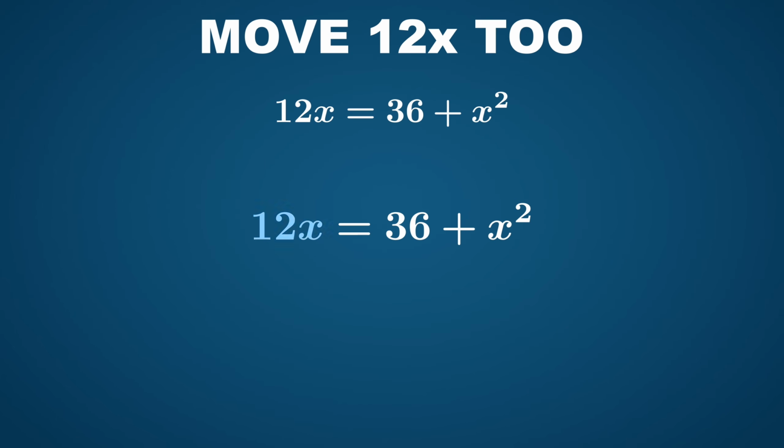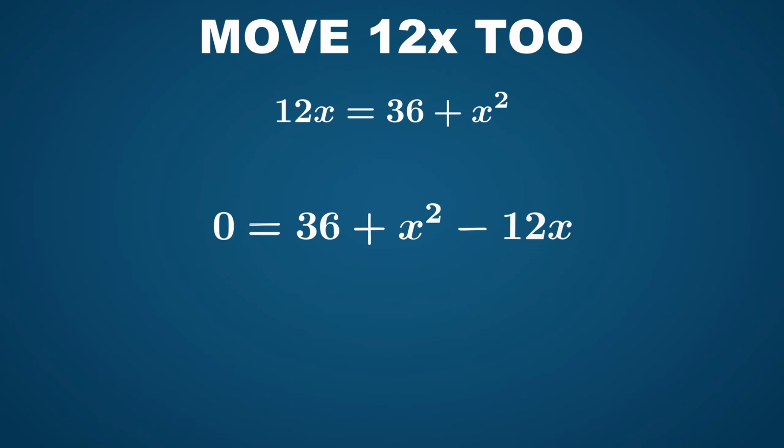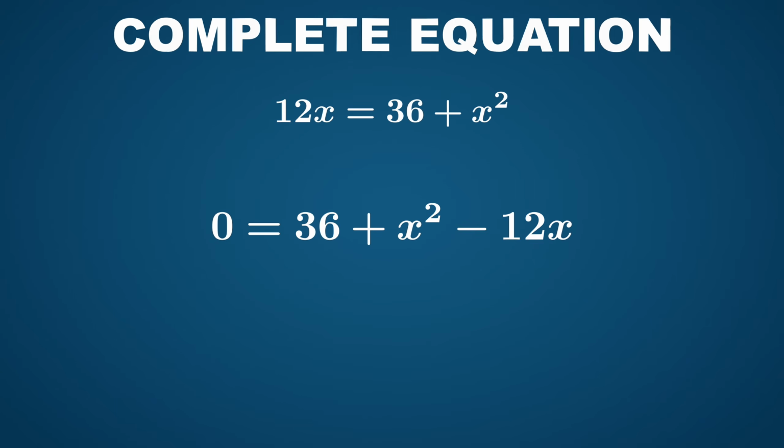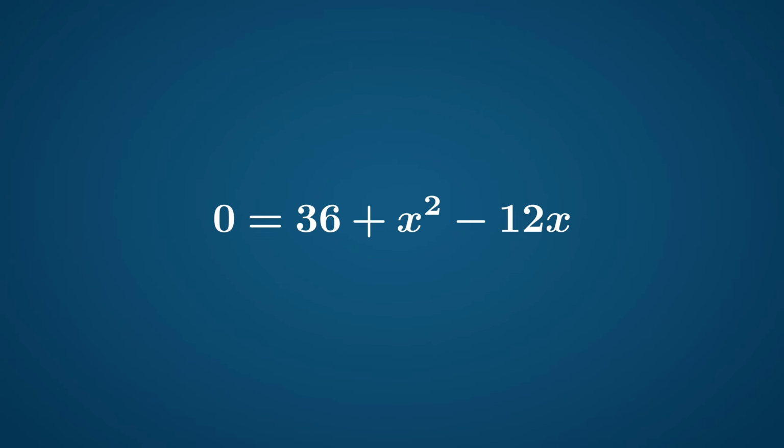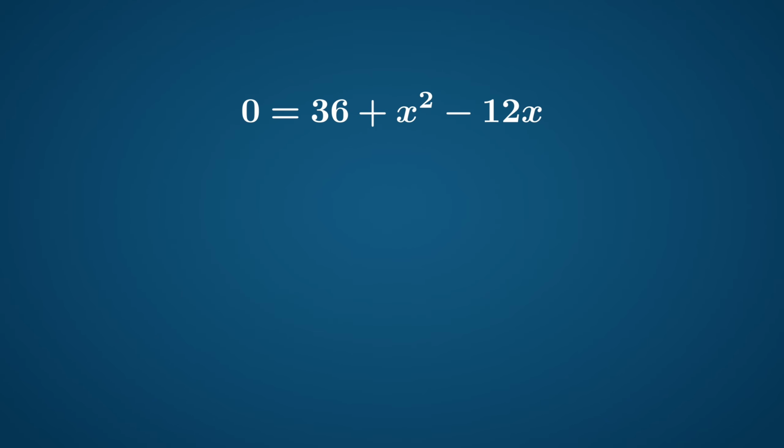Since it is positive 12x on the left, we must subtract it. We subtract 12x from both sides of the equals sign. On the left side, 12x minus 12x leaves us with exactly 0. The right side now contains three separate mathematical terms. The terms are 36, positive x squared, and negative 12x. Let us write the complete equation with all these newly arranged terms. 0 is equal to 36 plus x squared minus 12x.